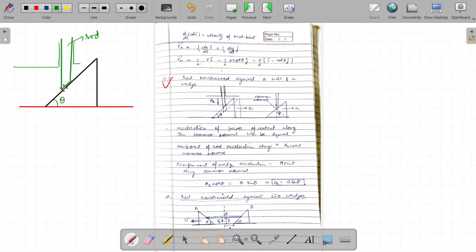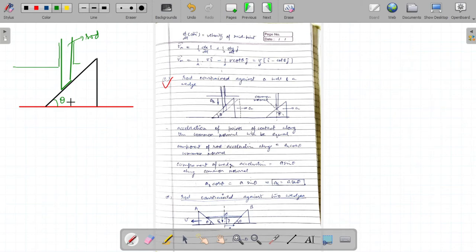So even though the surface between the rod and wedge is rough, or between the wedge and the surface is rough, that does not matter, and it won't change the constraint equations or the relations which we are going to get. So basically what we want to find is, if the wedge is moving, how would the rod move? That is the idea.